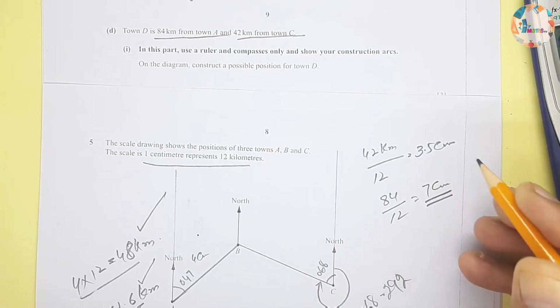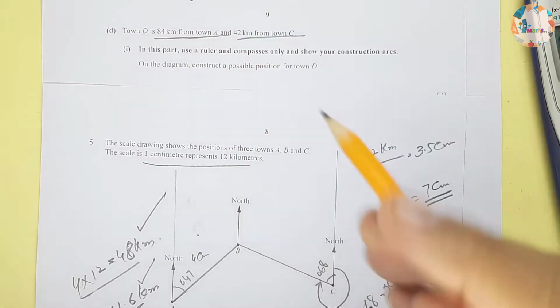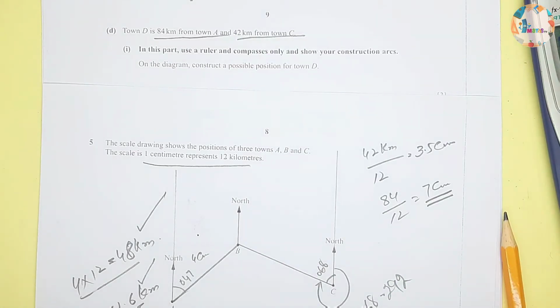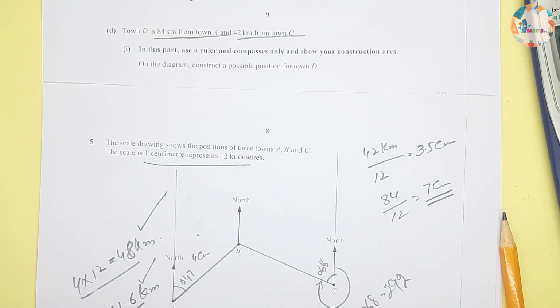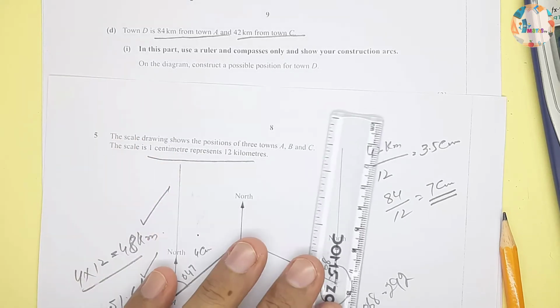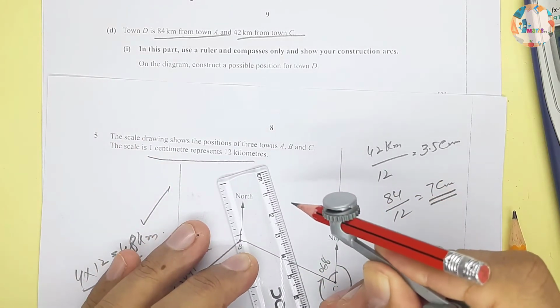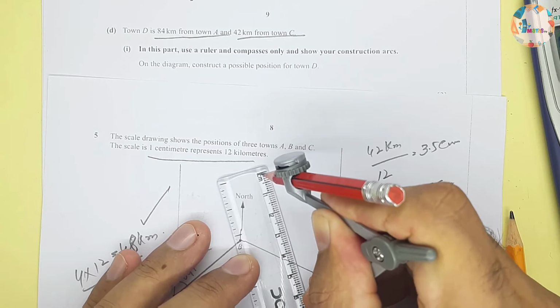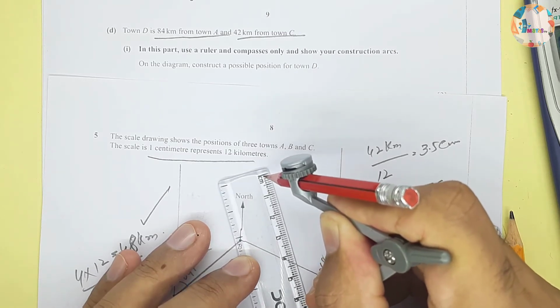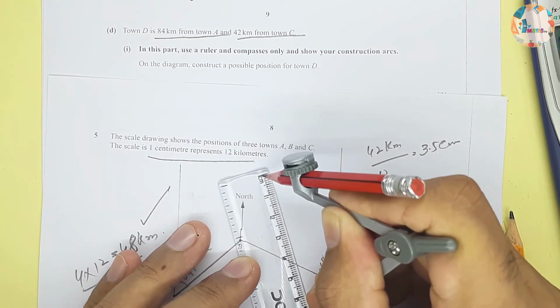So this 7 centimeter line is from A. What we will do, we will open the compass 7 centimeters, and we can check exactly up to this one.